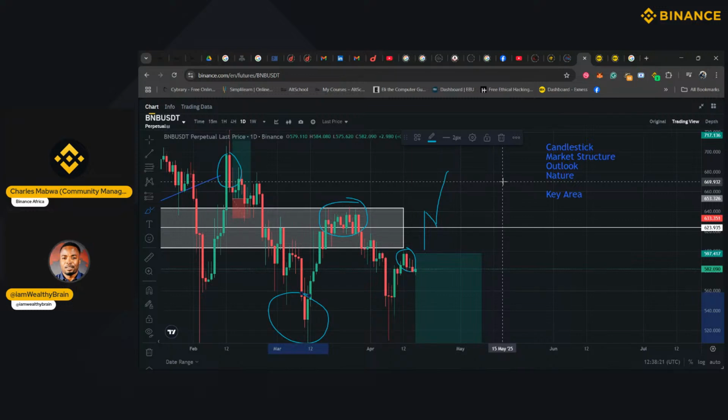For example, if you are looking at how long you look into a project, definitely before you think of holding a project for 1 year, 2 years, 3 years, expecting it to give you 10x, 20x, 50x, 100x, and more, you need to understand that fundamental is the key factor before technical, because technical is more or less like a short-term price movement to help you know what is happening within a specific period of time.